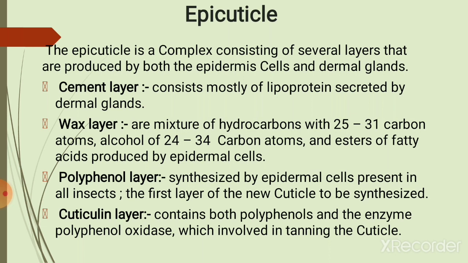The first is the cement layer. It is secreted by the dermal gland, or so-called Wigglesworth's gland in Lepidoptera. It is composed of a lipoprotein complex resembling the natural product shellac secreted by the lac insect. It also contains carbohydrate like lactose.